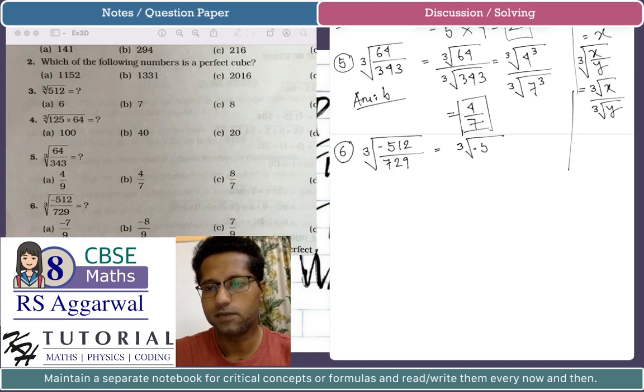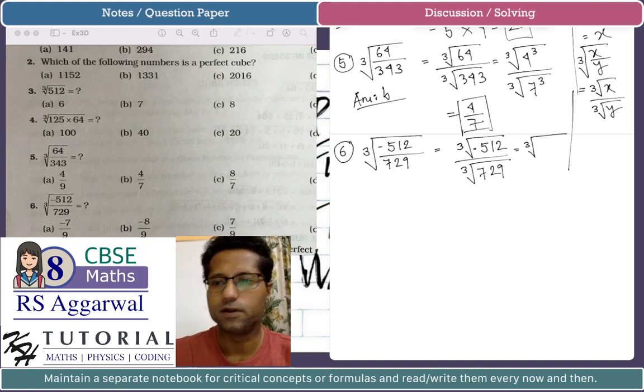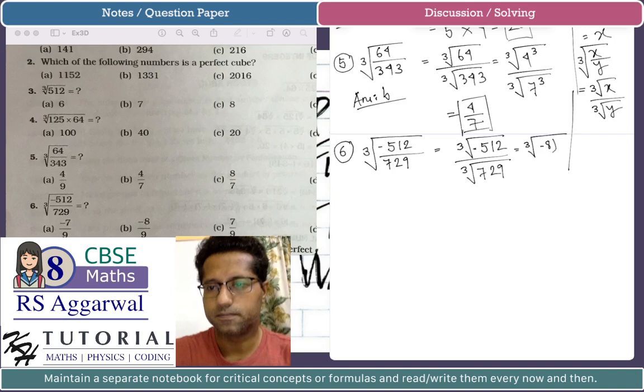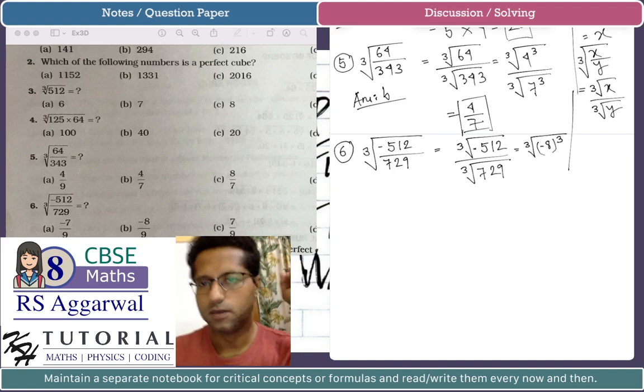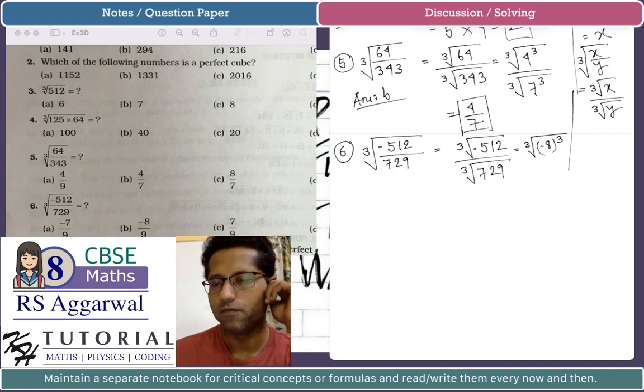So we will write it as the cube root of minus 512 divided by the cube root of 729. We know minus 512 is the cube of minus 8.